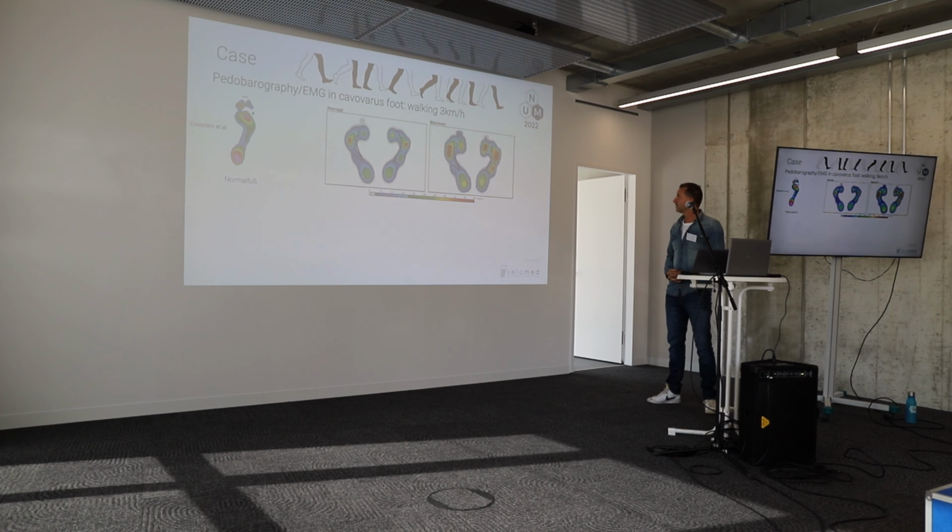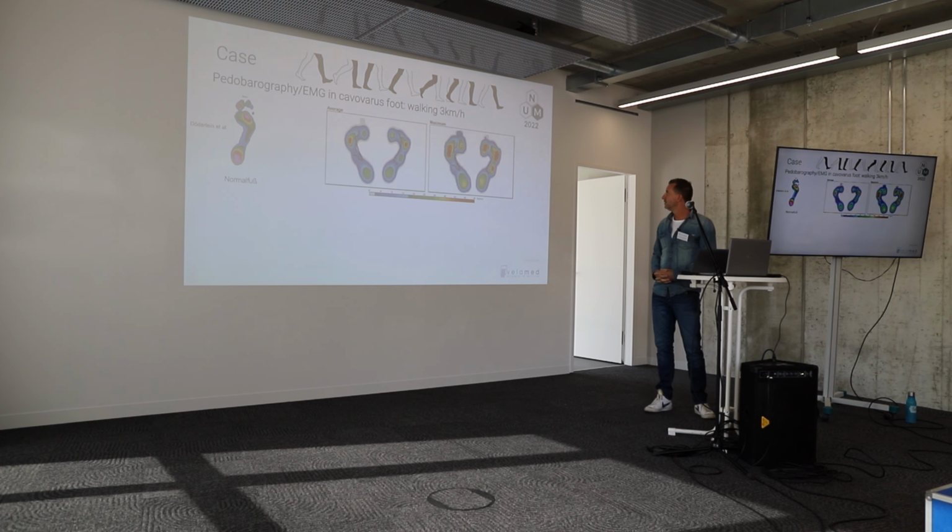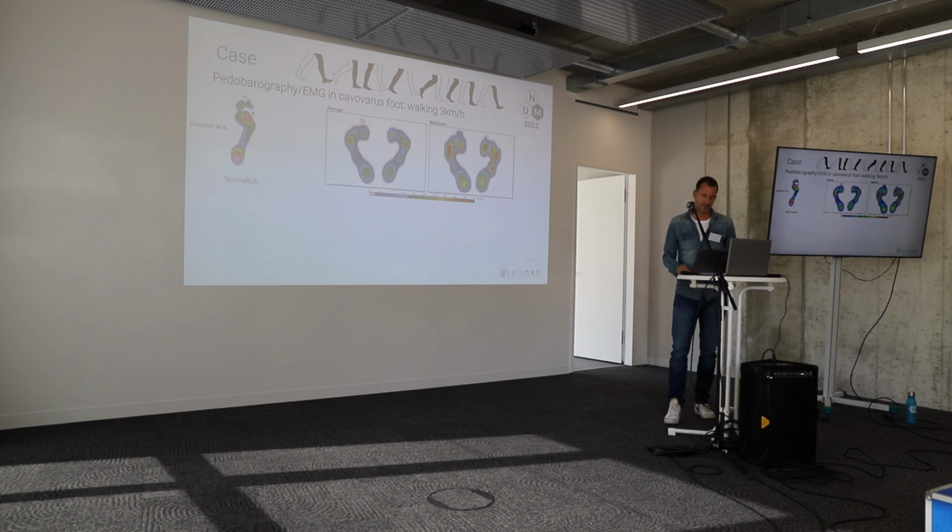We have an overload of the first ray, which you can explain because the first ray in this foot deformity comes down. We have no real pressure in the area of the toes, not even at the great toe on the right side.